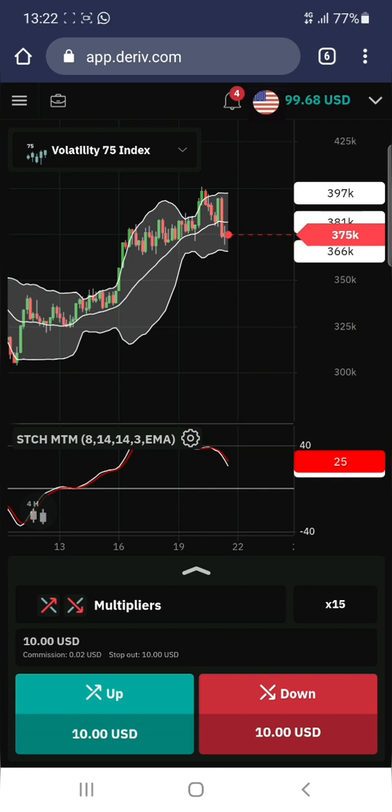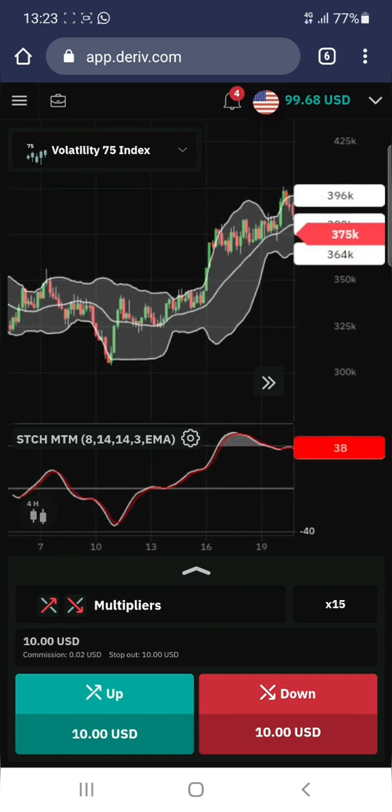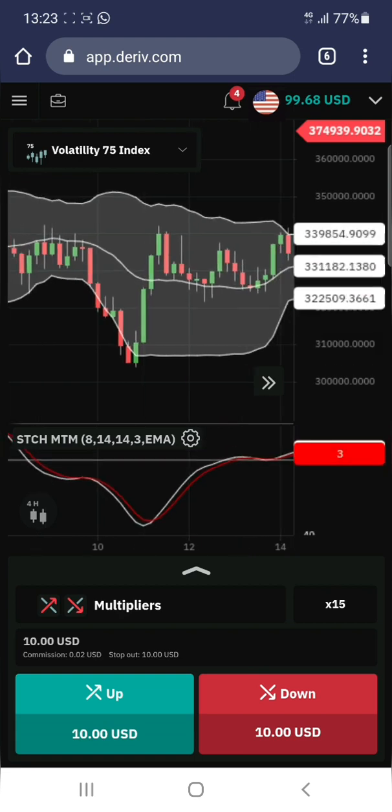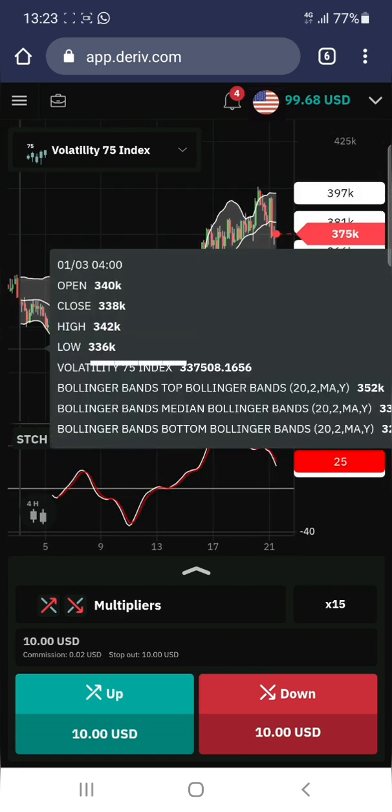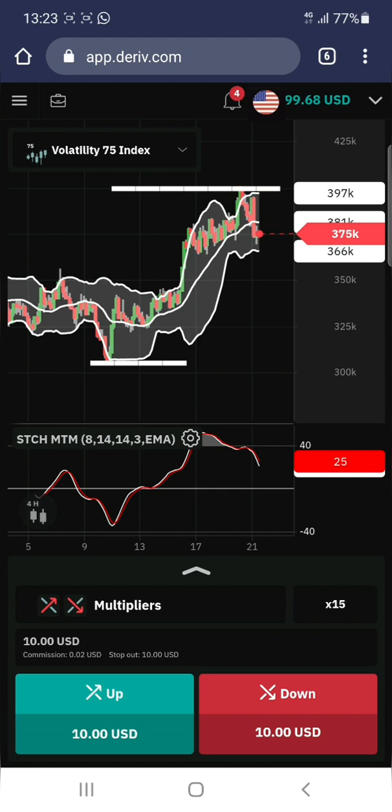If you see the last candle showing from this side, I can pick here as my low, and then the current market price right now as my high.